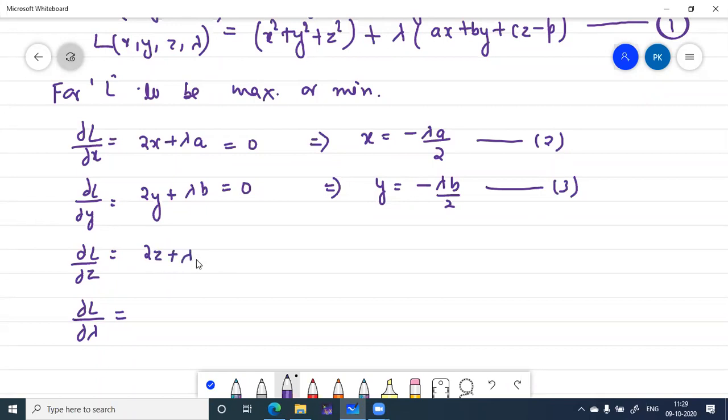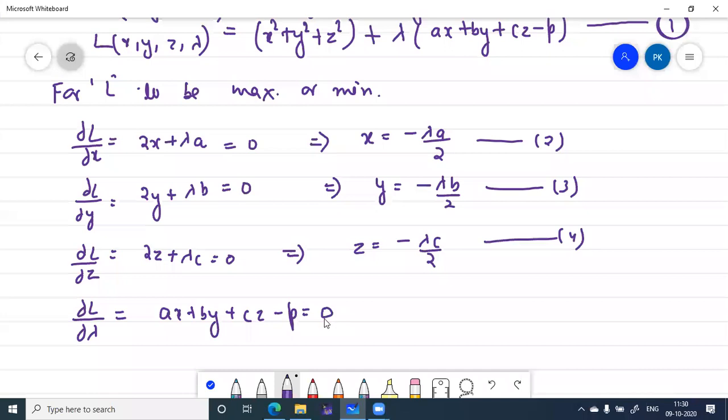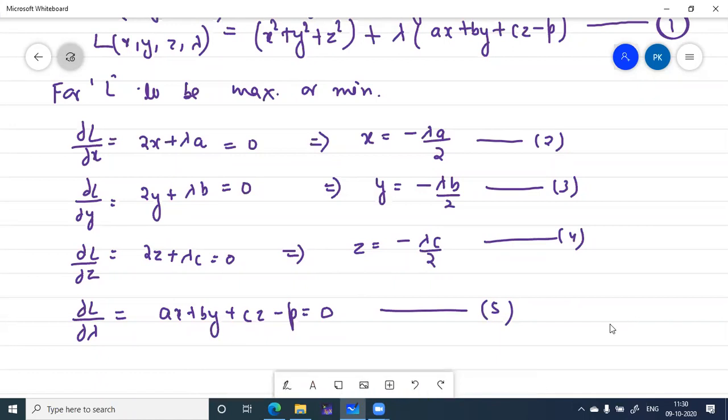Then 2z plus lambda c equals 0, so z equals minus lambda c over 2. Now differentiate partially with respect to lambda. This gives ax plus by plus cz minus p equated to 0. Now with the help of these equations, you can find the values of x, y and z.